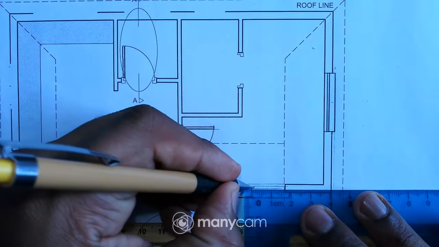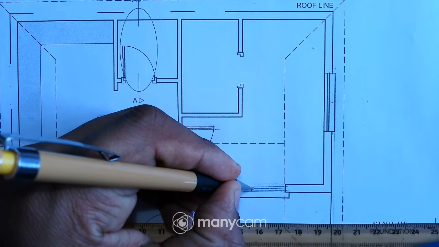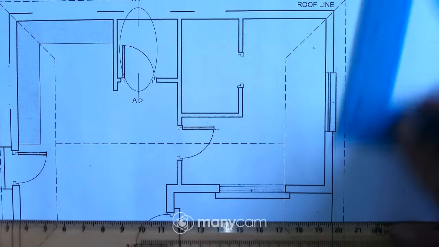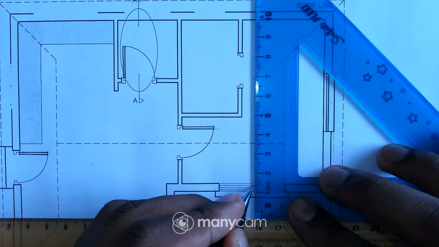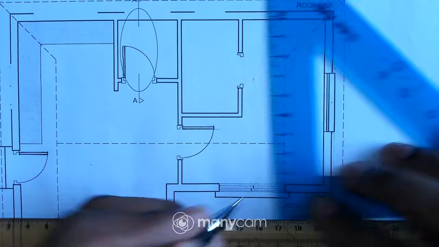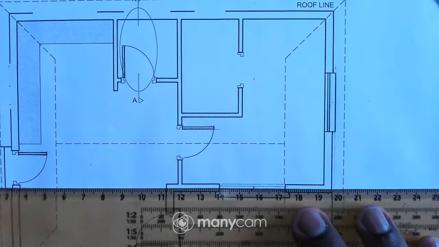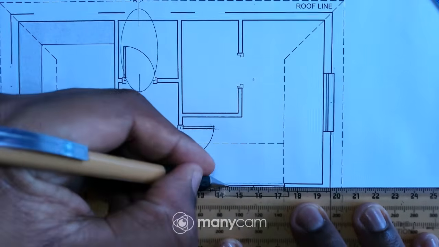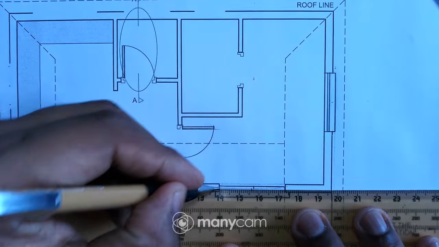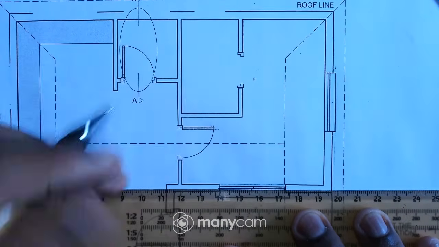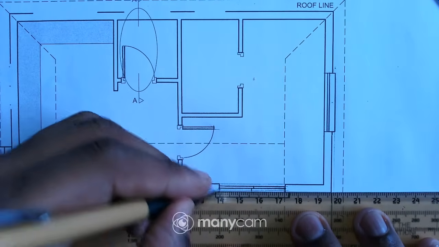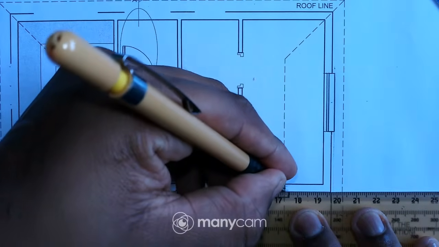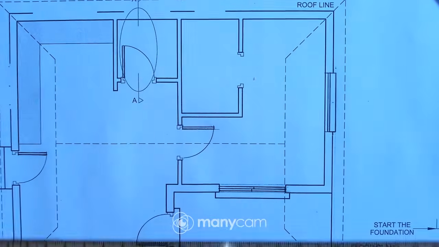And then I'll measure 1 millimeter and draw the other line like that. And then from here I can just draw a straight line over there, and a straight line there as well, right?